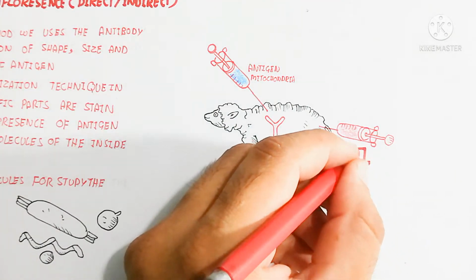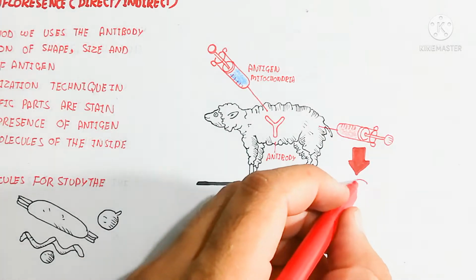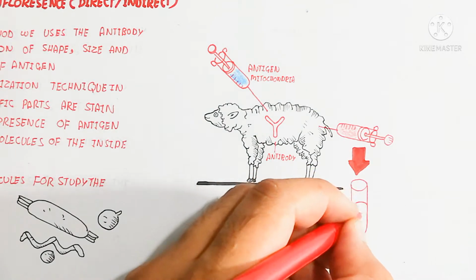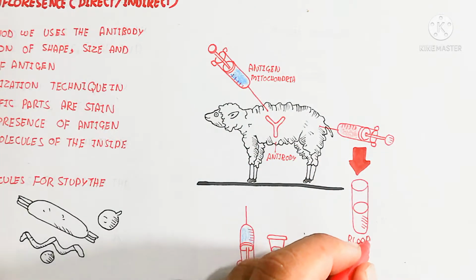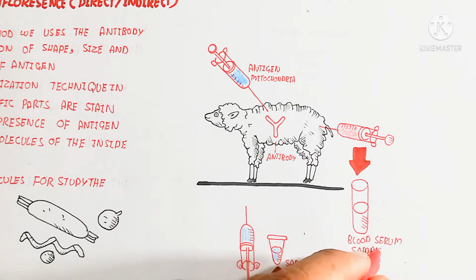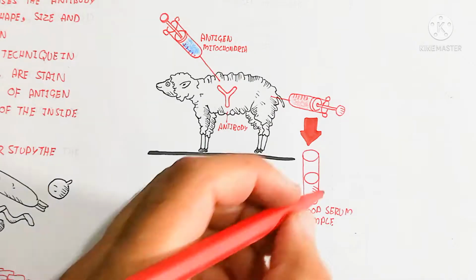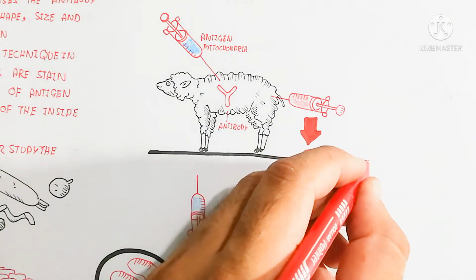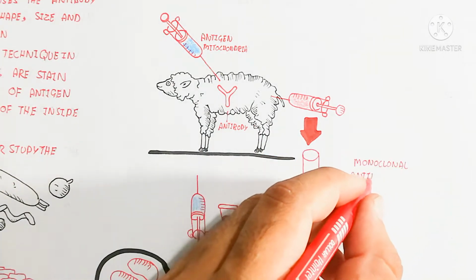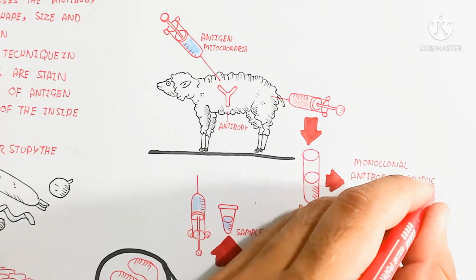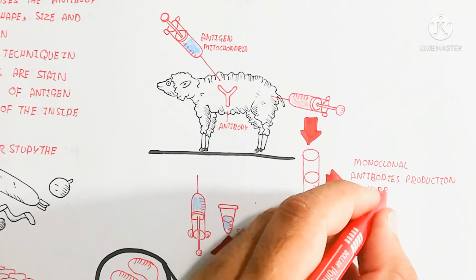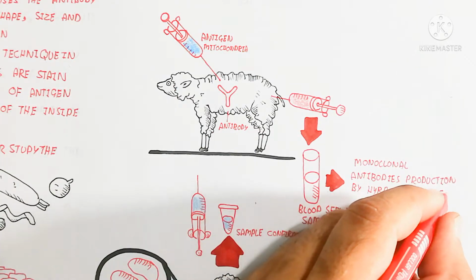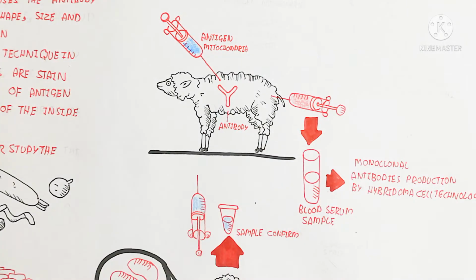So it means we are getting the monoclonal antibody. Monoclonal antibody is another way, produced by hybridoma cell technology also. We are not covering monoclonal antibody production by hybridoma technology here, but you can watch another video; I will give the link in the description below.